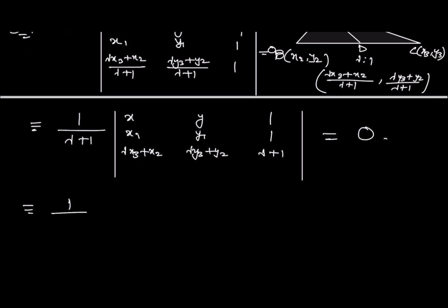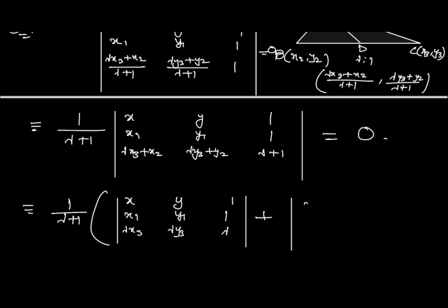Or 1 upon (lambda plus 1) times the determinant x y 1, x1 y1 1, lambda x3, lambda y3, lambda, plus the determinant x y 1, x1 y1 1, x2 y2 1, is equal to 0.